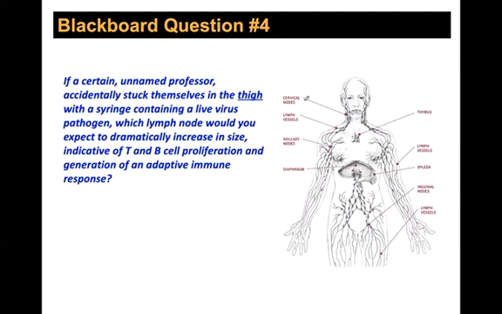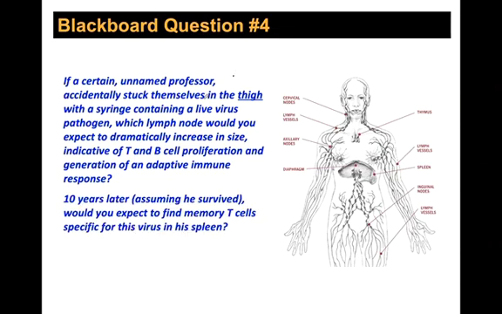And the second part of the question is, 10 years later, assuming I survived, which I did, would you expect to find memory T cells for this virus in my spleen? I won't answer it now, but this will be up on Canvas within the hour. And that's where I'm going to end and take questions if you have any.